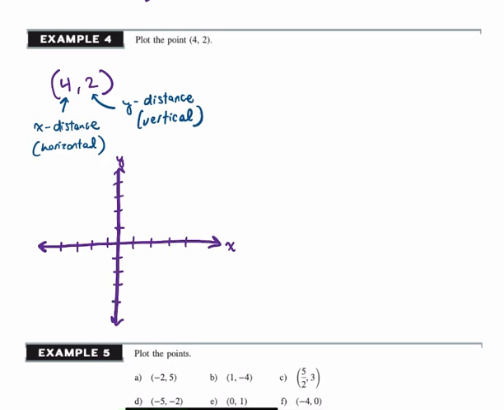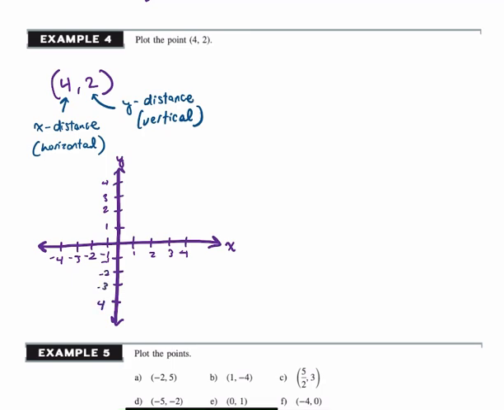And it's positive on the right side for x, so this is positive 1, 2, 3, 4. Negative on the left side. Positive above for y, so positive 1, 2, 3, 4. And then negative below.